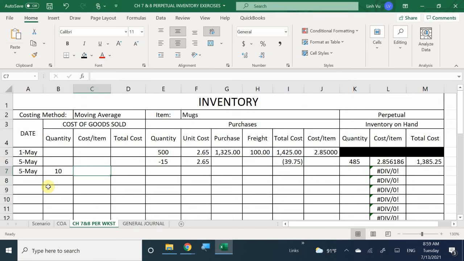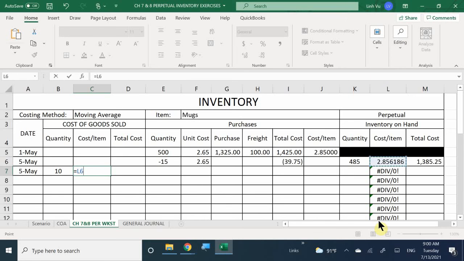I can only calculate what it cost me to obtain the inventory. So what cost per item am I going to use to calculate the cost of goods sold? The 2.85.